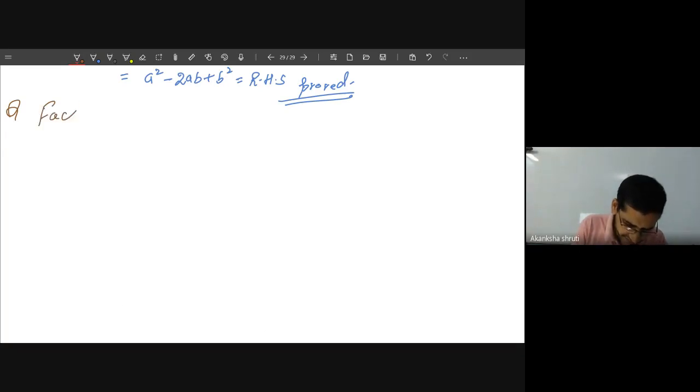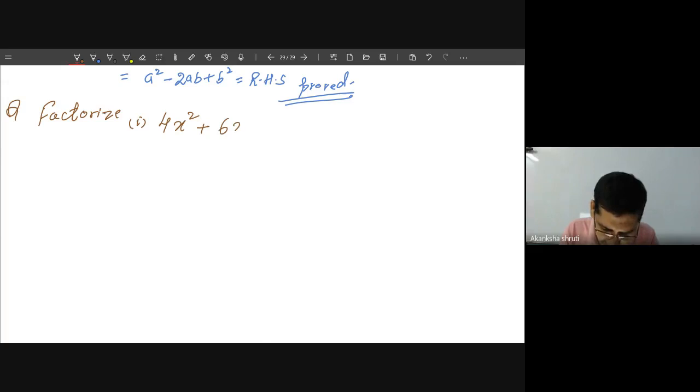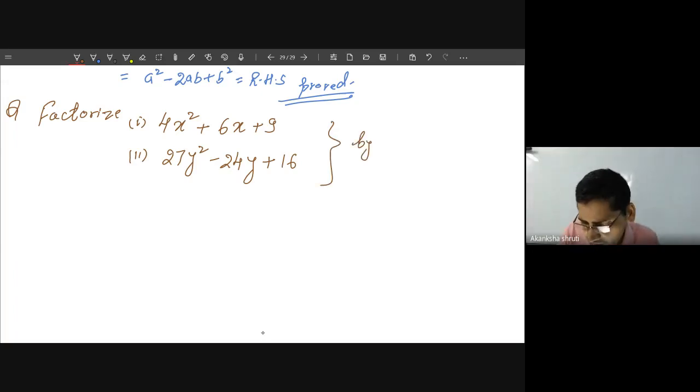Factorize, say, 4x square plus 6x plus 9, and then the second one is 27y square minus 24y plus 16, by using a suitable identity.